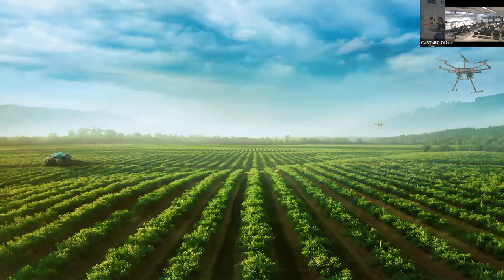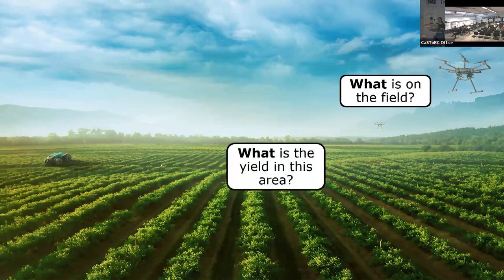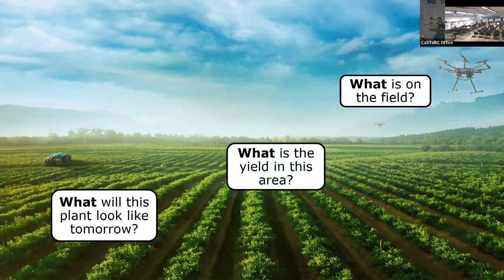And I want to start with a few typical questions we are concerned with in this area. We can ask what is on the field, which is a typical classification task, or what is the yield in this area, which is a typical regression task, or what will this plant look like tomorrow, which is a forecasting task. But these are all what questions. We can also ask other questions.